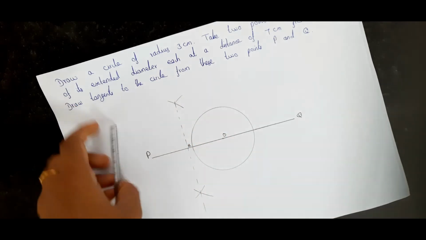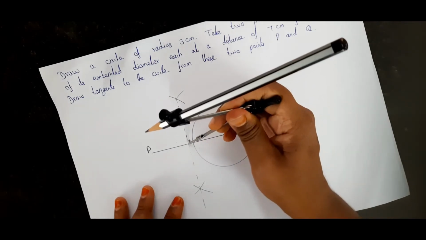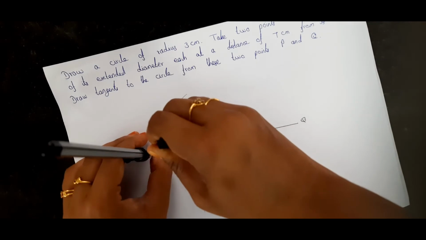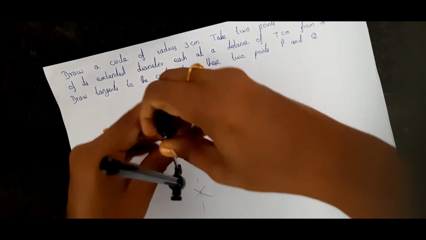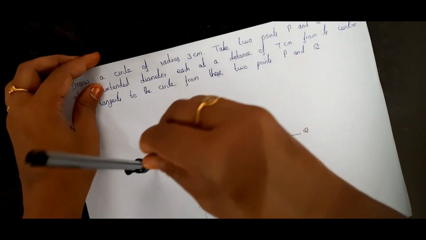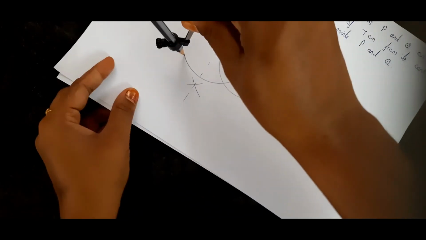So now what we need to do? M is the center and MP is the radius. We need to draw the circle, right?